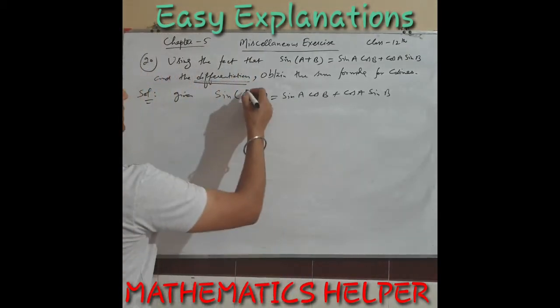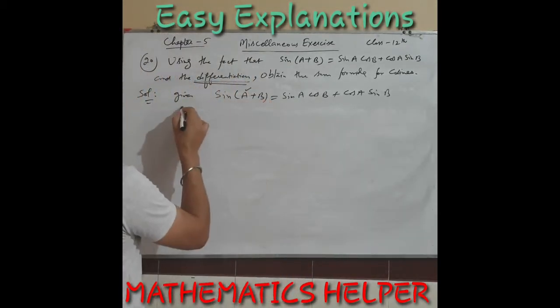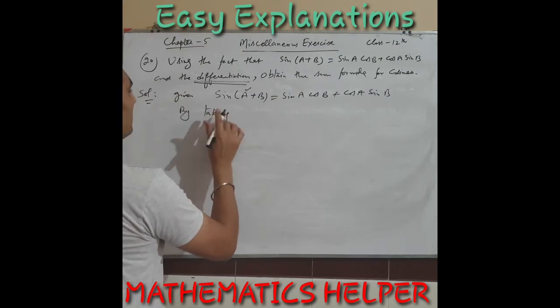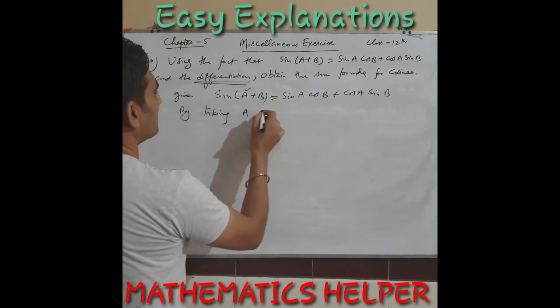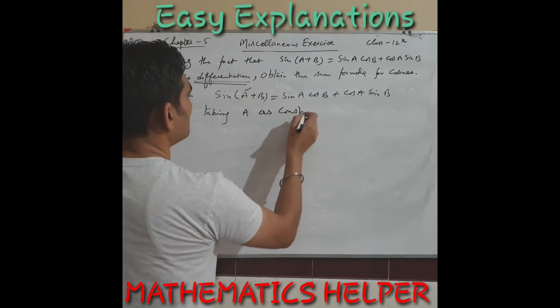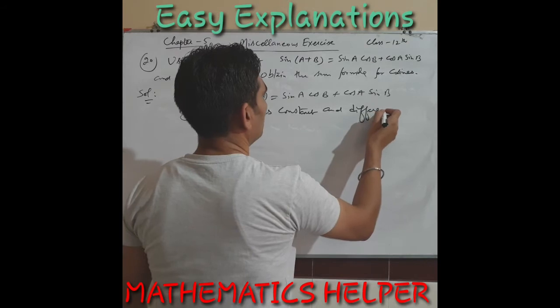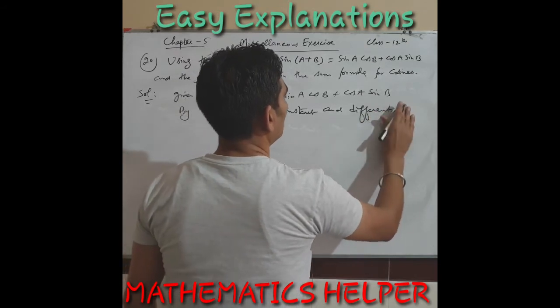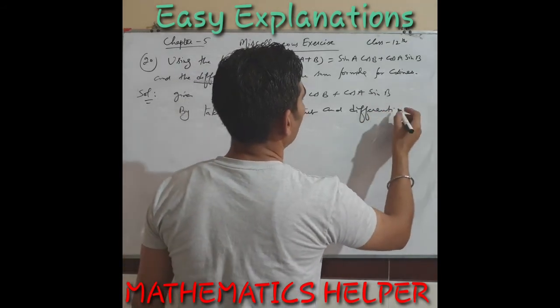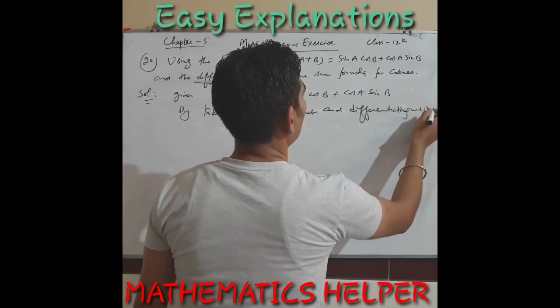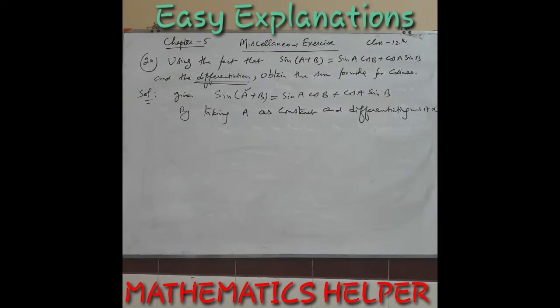I am going to write this a as constant, by taking a as constant. Remember this step, okay? And differentiating with respect to x. We are going to differentiate with respect to x.